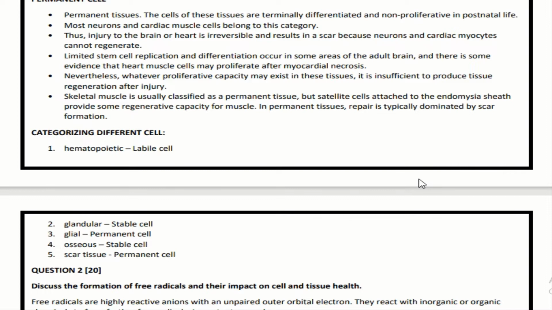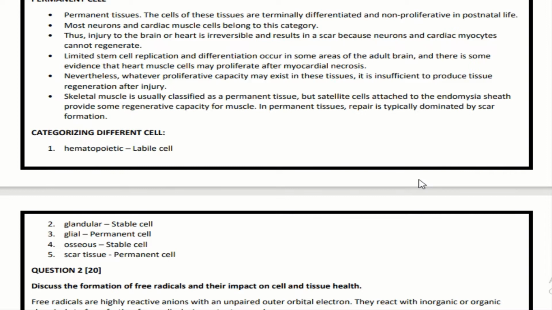Limited stem cell replication and differentiation occurs in some areas of the adult brain, and there is some evidence that heart muscle cells may proliferate after myocardial necrosis. Nevertheless, wherever proliferative capacity may exist in these tissues, it is insufficient to produce tissue regeneration after injury.